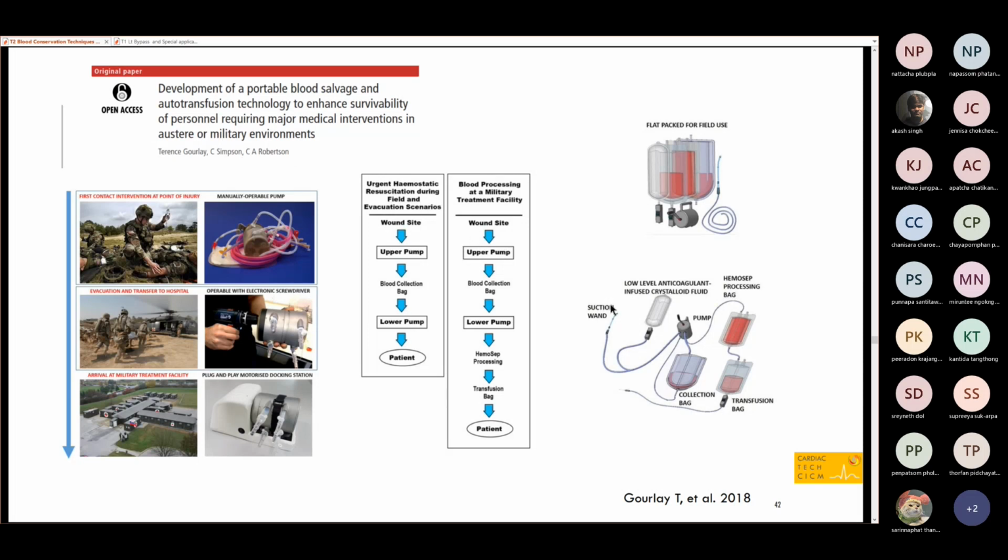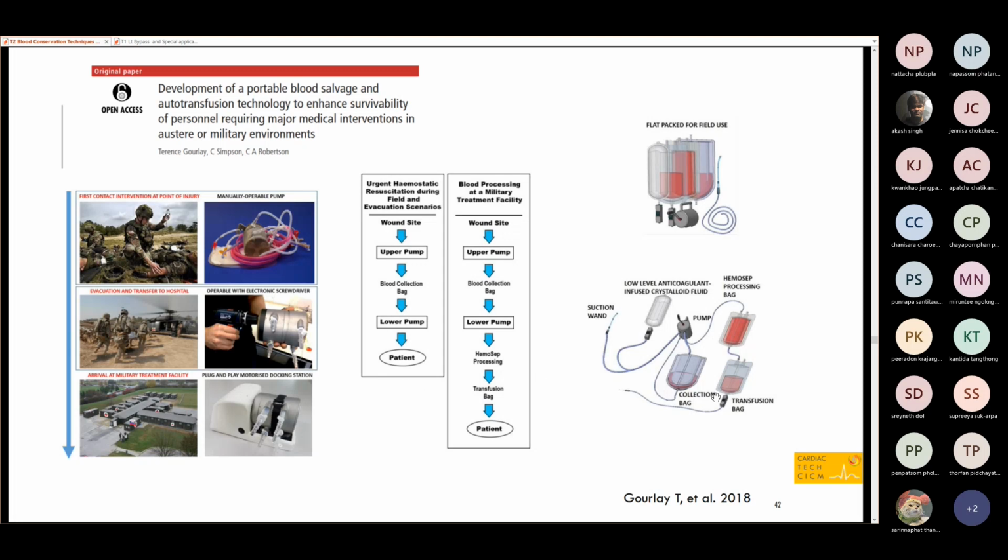So inside of the bag is gonna contain the sponge, and this sponge is gonna remove the excessive fluid from the patient, from the suction process.